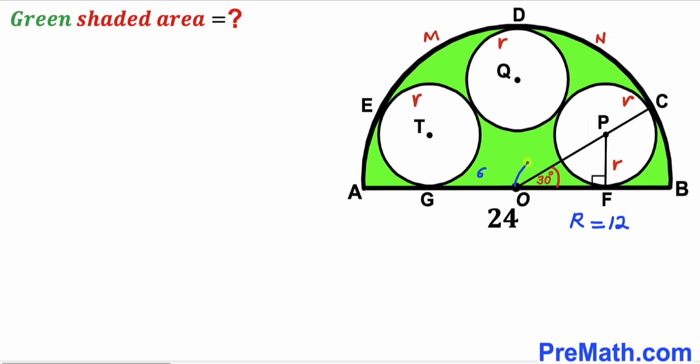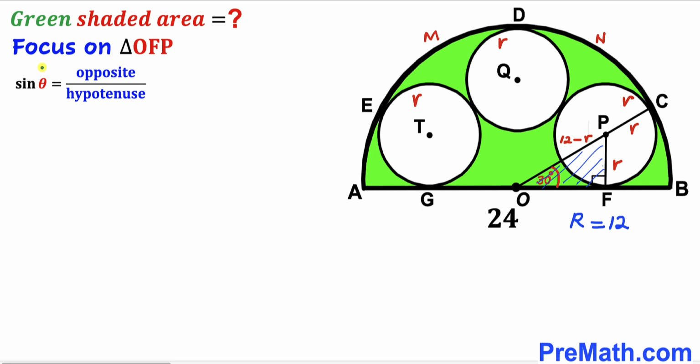We know that this OC is the radius of this semicircle, which is 12. I'm going to label this radius PC as lowercase r. So the remaining segment OP is going to be 12 minus r. Now let's focus on this right triangle OFP and recall the famous trigonometric ratio: sine of theta is equal to opposite divided by hypotenuse.